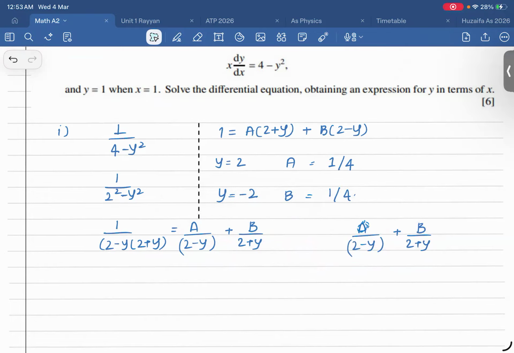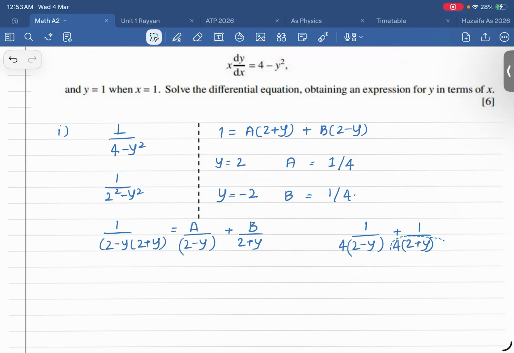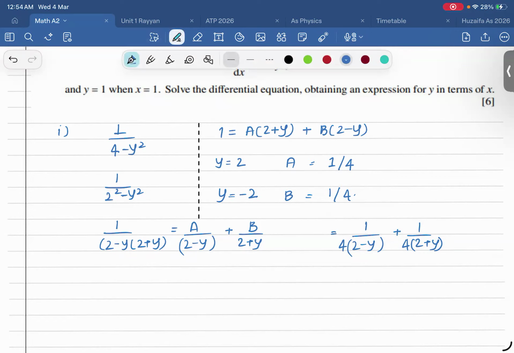With a being 1 over 4 and b being 1 over 4, right? So, yes, this is the first part done. Okay. Now let's try the second part.